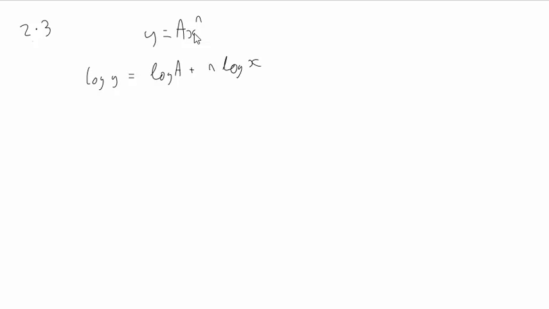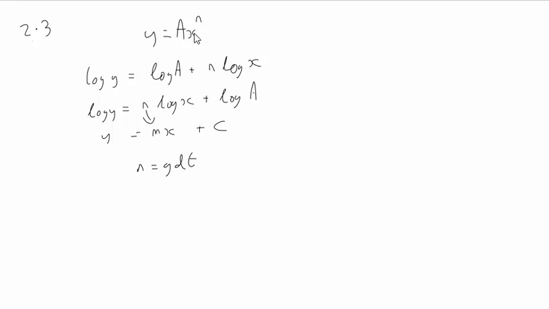We can rearrange this as log y is equal to n log x plus log a, which is then in the format y is equal to mx plus c, meaning that n is the gradient.